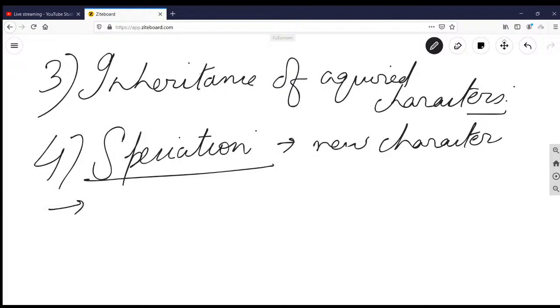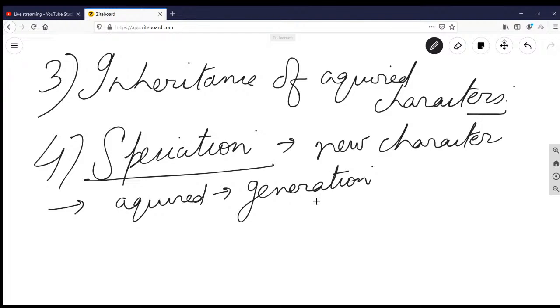You can say variations are acquired but not characters. In order to translate variation into character, you would require a lot of accumulation of variations over a long period of time. Evolution is quite a gradual process, not like one generation will acquire so much variation that you will be acquiring a new character. But as per him, a new character is acquired in every generation.